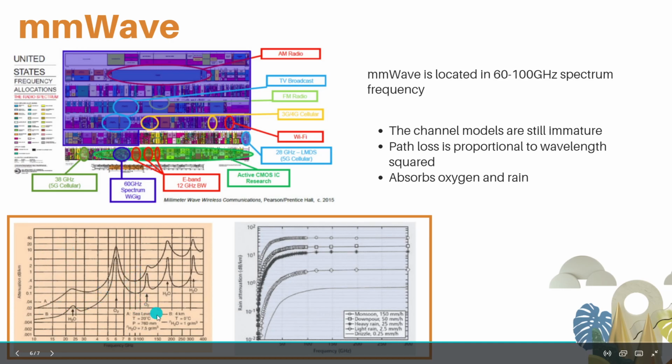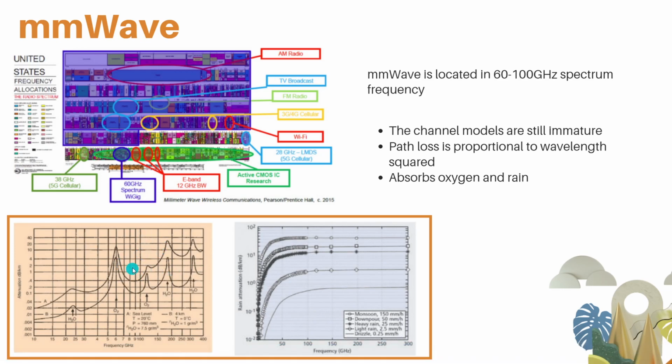As you can see in the graph, it shows spikes whenever there are H2O or water and oxygen, near the 23 gigahertz frequency, the 60 gigahertz frequency, and so on. There appears a spike, and it is bad for the millimeter wave, and it shows that the millimeter wave absorbs oxygen and rain.